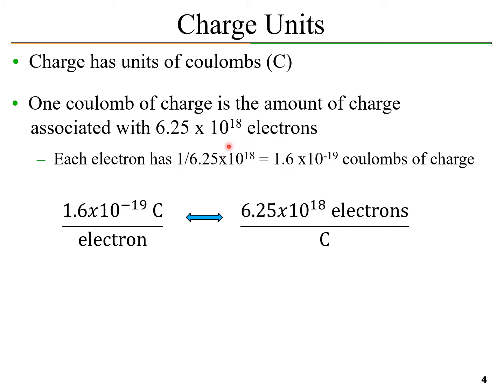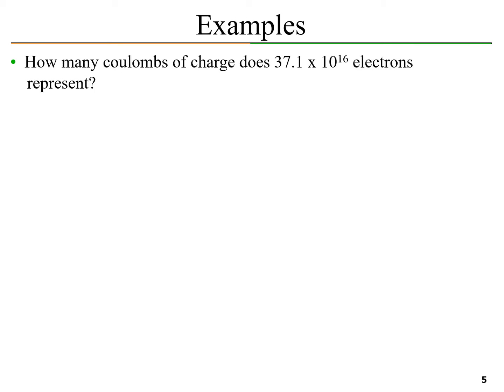Okay, we can form a conversion factor from this relationship: 1.6 times 10 to the minus 19 coulombs per electron, or equivalently 6.25 times 10 to the power 18 electrons per coulomb. Let's work a couple of examples.